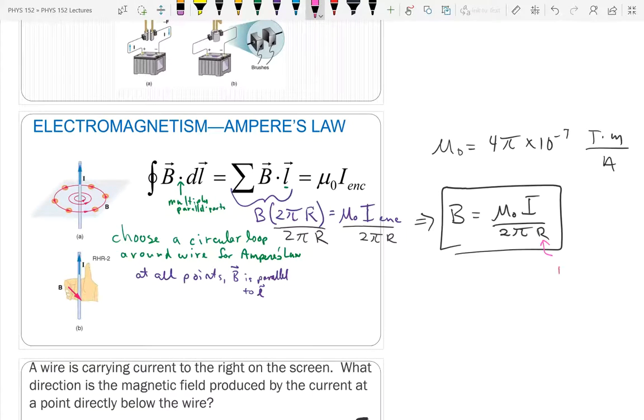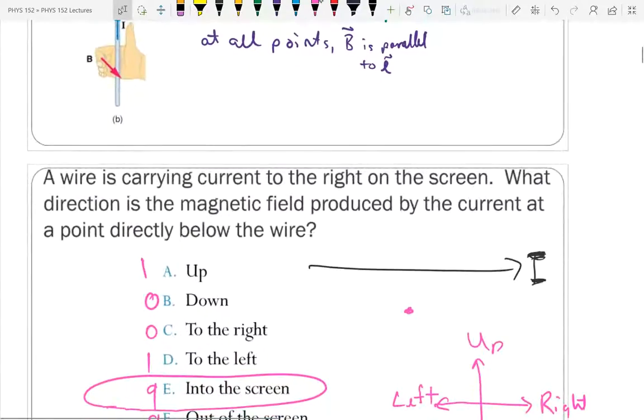And that R was the distance from the wire here. So when you look at these equations, it's important to understand what the equation has as its variables. R does not mean the same thing in every equation. You'll have all the equations given to you, but you have to know what they mean and how to apply them. Okay, what was your question, Ashley?